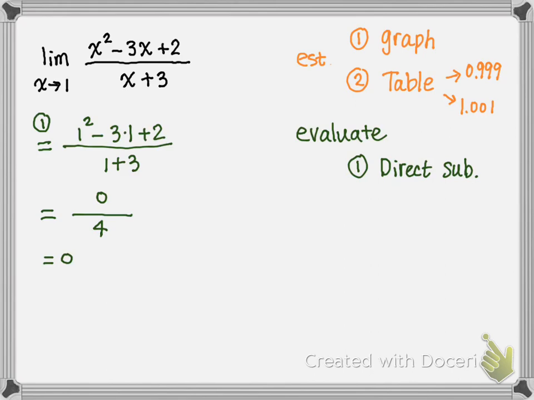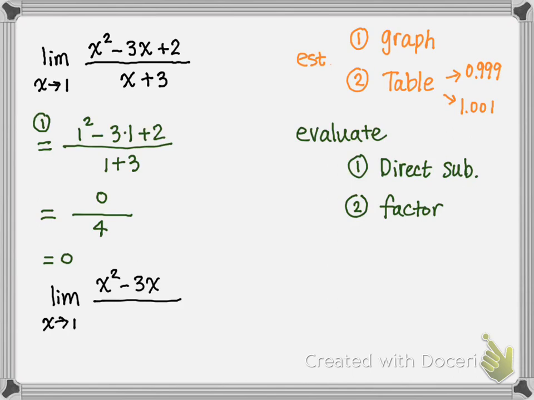Now, there will be cases when direct substitution does not work. Then the second approach is, can we factor? If you take a look at this example, limit as x approaches 1 still, the numerator is the same, but the denominator now is x minus 1.